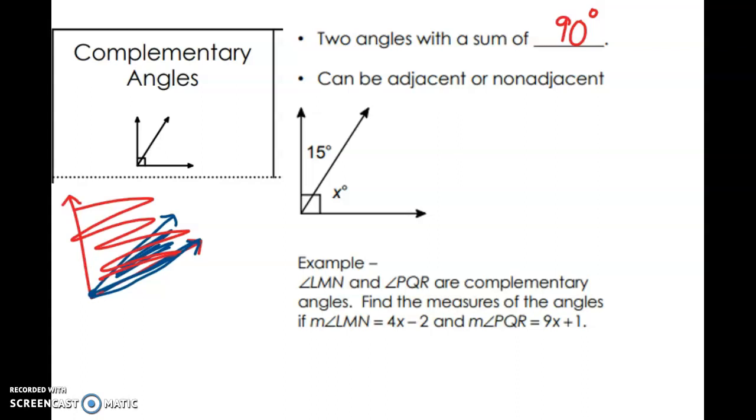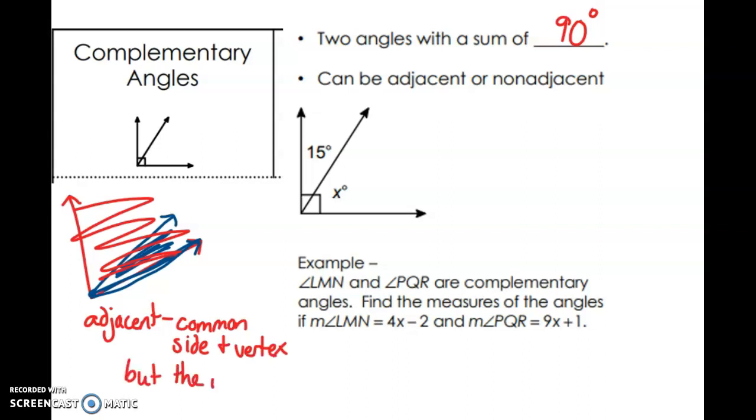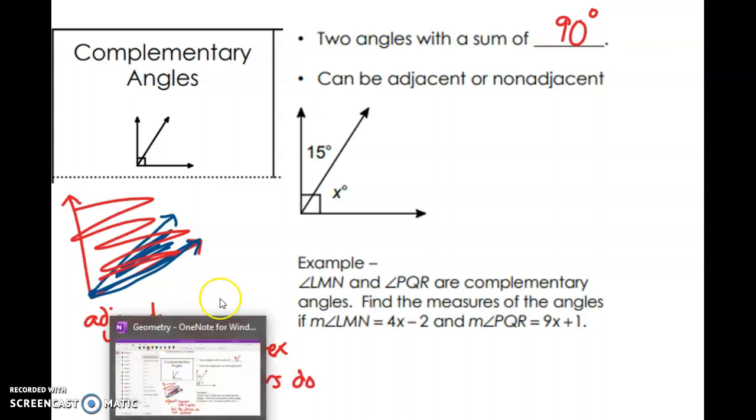So the adjacent angles have a common side and vertex, but the interiors do not overlap. That might just be a good thing to jot down somewhere in your notebook.